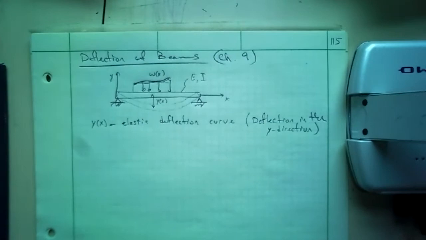So why do we even want to know deflection? Well, deflection could be a criterion for failure. Even though I don't have actual cracks or failure of the part, deflection could be severe enough to cause parts to rub against or contact one another. If it's a rotating object and I'm loading it and it deflects, it could fall off the bearings, or it could cause noise or vibration.